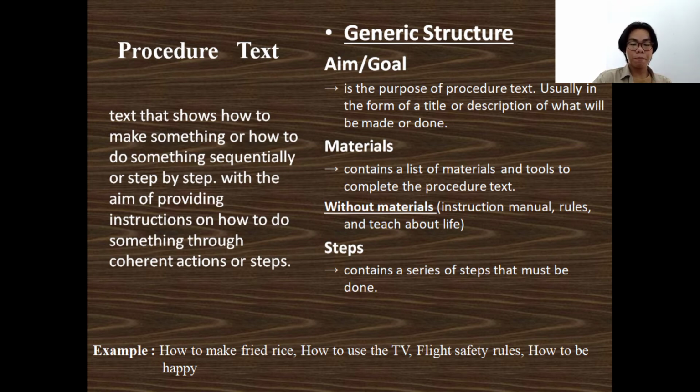And then steps. Steps contain a series of steps that must be done. For example, how to make fried rice, how to use the TV, flight safety rules, and how to be happy.